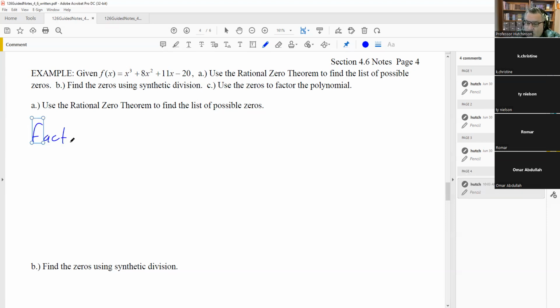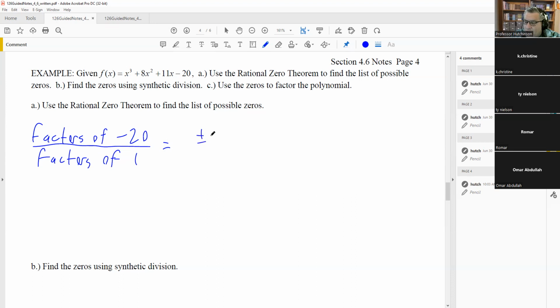So for this, we want to do factors of -20 over factors of 1, because the number in front of the x that has the highest power is just a 1. This is what we want to come up with. Factors of 20 will be numbers that divide evenly into 20.